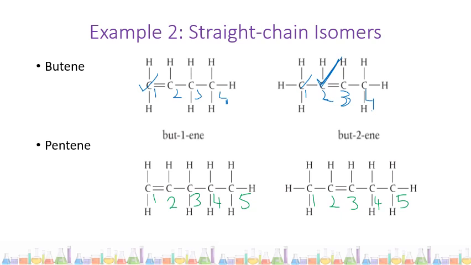If I was to number the one on the right from the right, I would end up with carbon 3 being the one that starts the double bond. As always, I want to keep the numbers in my names as low as possible. So it's much better to start from the other side and have it numbered as carbon 2 instead. So that's going to be pent-2-ene, and the one on the left is going to be pent-1-ene.